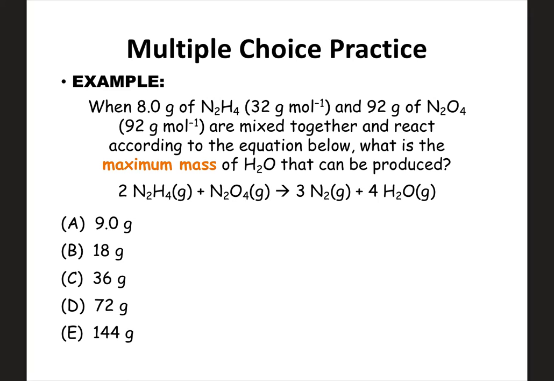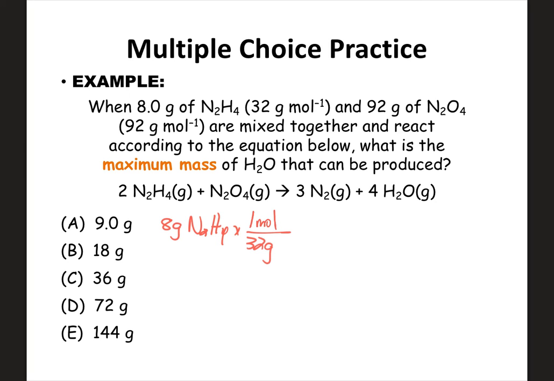If I was doing this, you might have to write some work down. You're not being graded on the work, so you can rush through it a little if you need to, but I strongly urge you to still include labels so you don't mess this up. You would have 8 grams of the N2H4, and they're telling you there's 32 grams of that for every 1 mole.